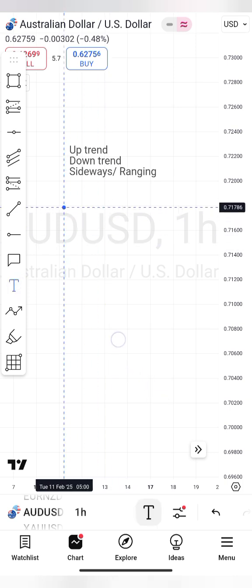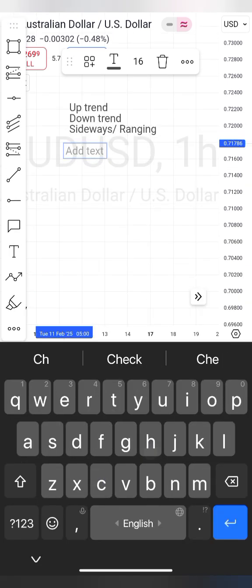Okay, so the characteristics of a trend.